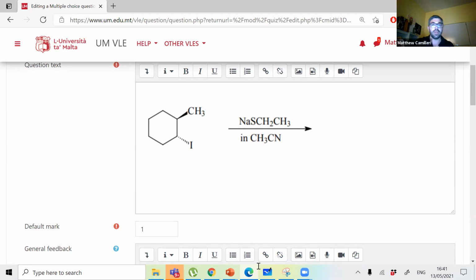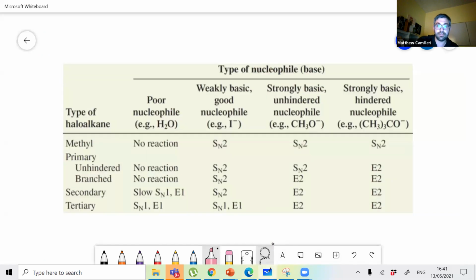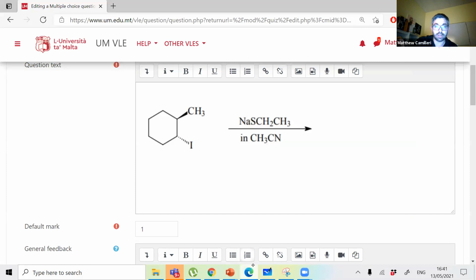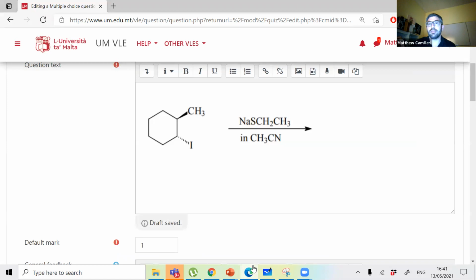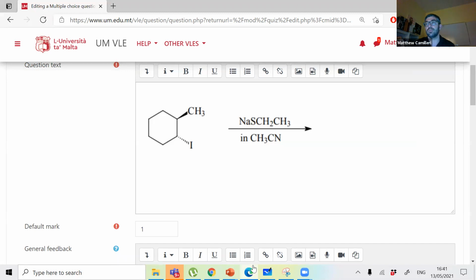Now, if you look at the table, it says E2 or SN2 depending on the strength of the base. Now, I do understand that the S minus should actually be a strong base, but it is in CH3CN, so it makes the base a little bit weaker in my opinion. So this will follow SN2.